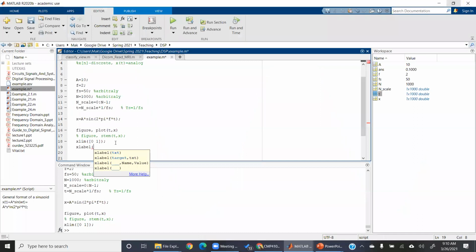Use xlabel. So xlabel, let's say, is time. xlabel takes a string, and to declare strings in Matlab, you just use the inverted commas. ylabel, same thing. So I can say amplitude. And if I want to put a title, I also give it a string, sine wave.